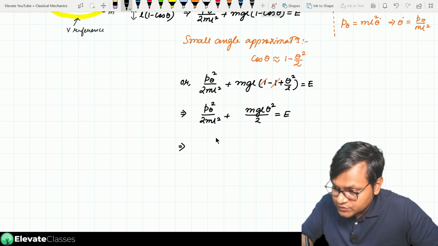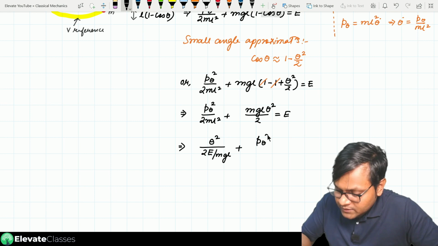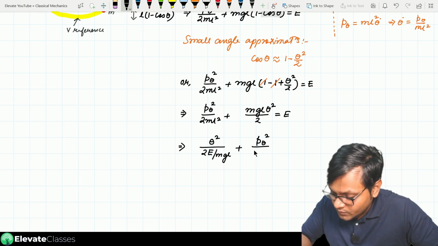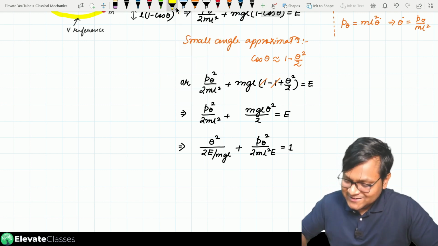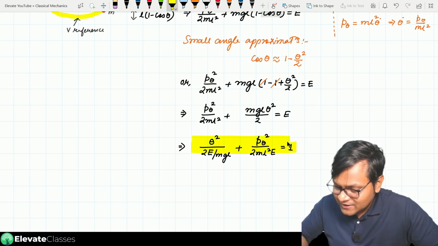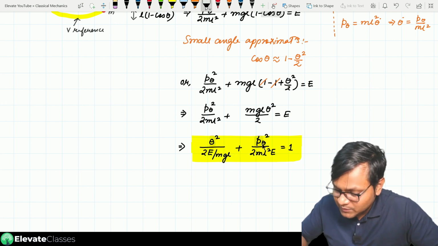So here I'm going to say that theta square upon 2E upon mgl plus P theta square upon 2 ml square E is equal to 1. Now this is the equation of what? What is the trajectory for this particular equation if we draw a trajectory between theta and P theta?